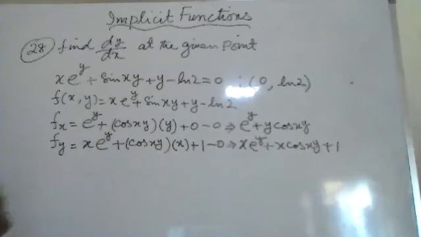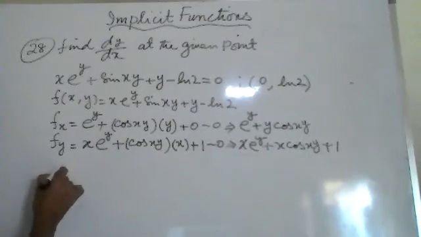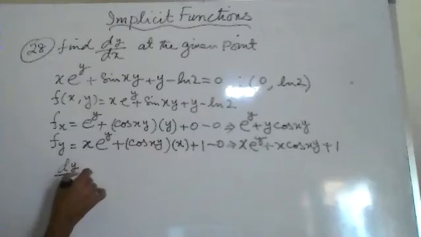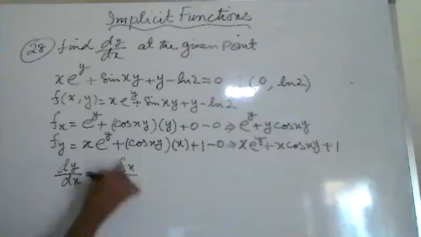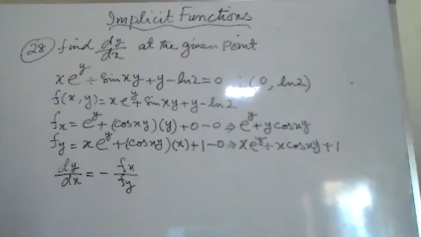Now dy upon dx is equal to minus f of x upon f of y. Substitute the values.